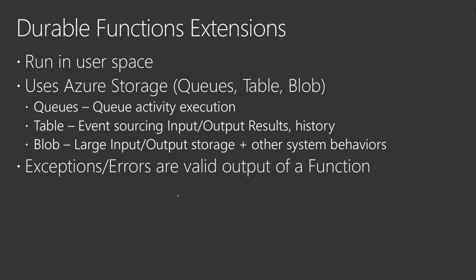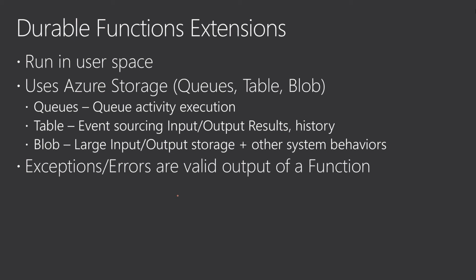Also, I talked a little bit about that, but it uses Azure Storage in the back. So you need a storage account, either an emulator locally or on the cloud. You will need queues, you will need tables, and you will need blobs. The queues are used for all the activity execution. So every time you're doing a call activity, async, or call sub-orchestrator, that goes through the queues.